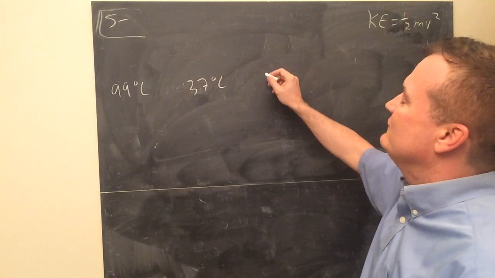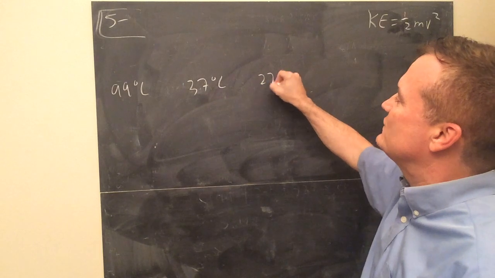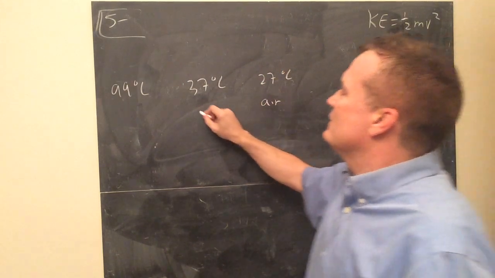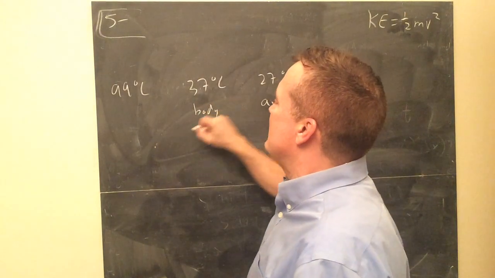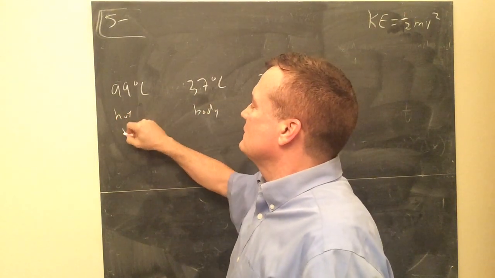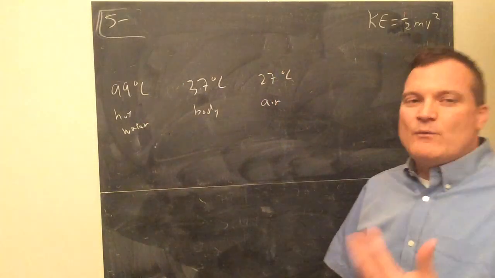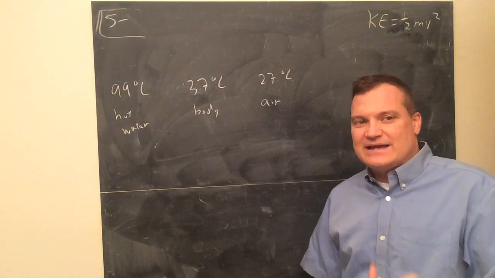What about in the air? Say the air temperature was 27 degrees Celsius. Just say this might be air, this might be a person's body, this might be hot water. Where do the particles have the most kinetic energy?